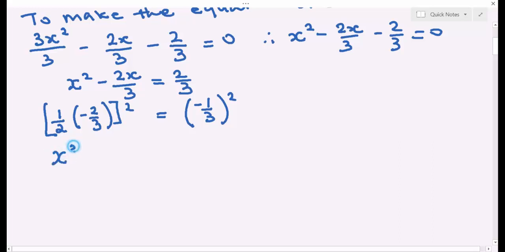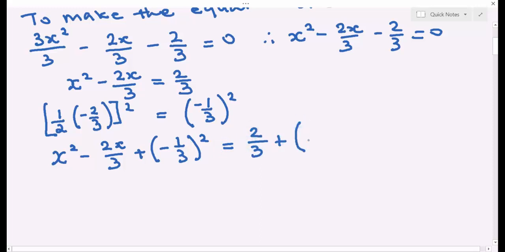We have x squared minus 2x over 3 plus minus 1 over 3 squared is equal to 2 over 3 plus minus 1 over 3 squared. As I said in the first example, we just pick this x and this minus 1 over 3 and square both of them.